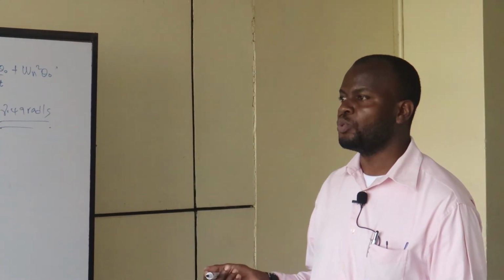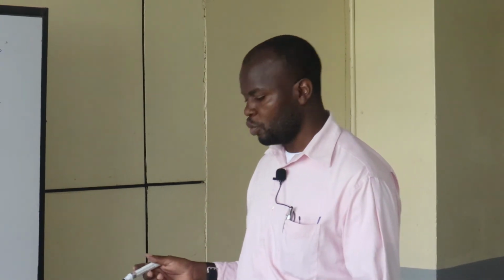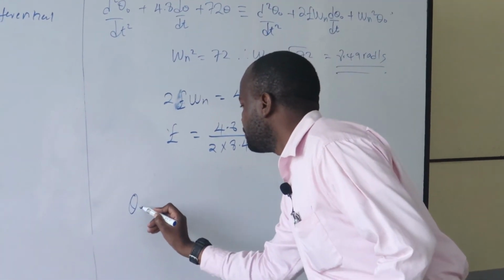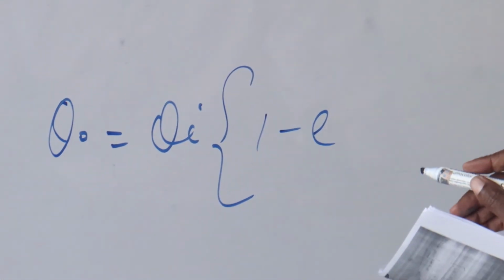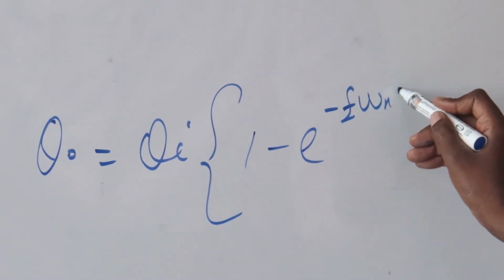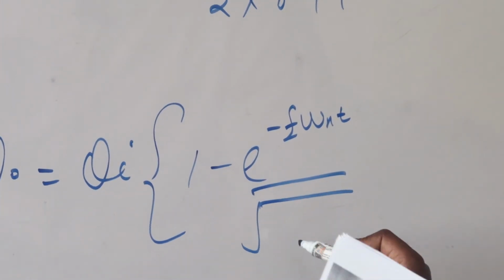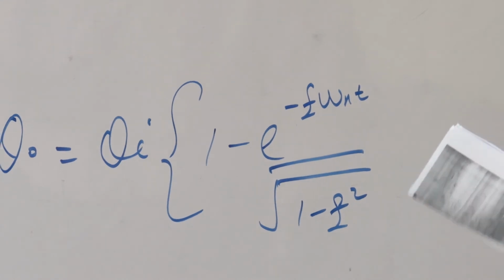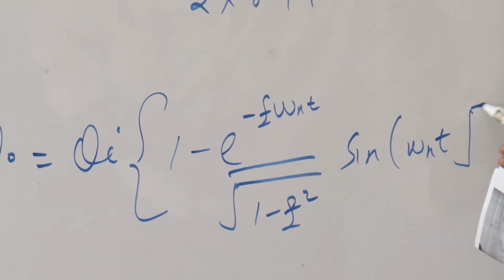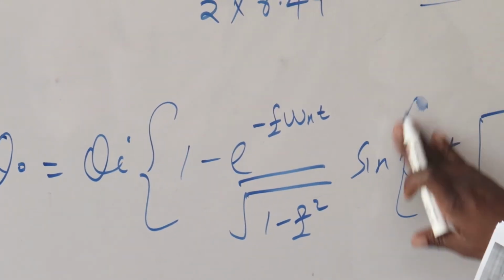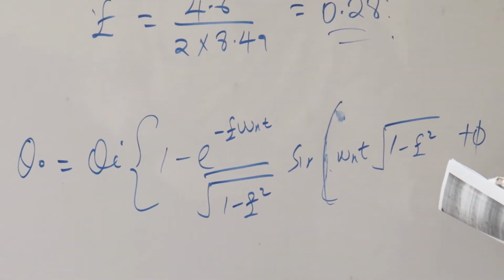The equation we are going to use is the response for the underdamped system, which is always given by theta naught equals theta I into 1 minus e to the negative zeta omega n t, all over root of 1 minus zeta squared, sine of bracket omega n t root of 1 minus zeta squared, then plus phi.